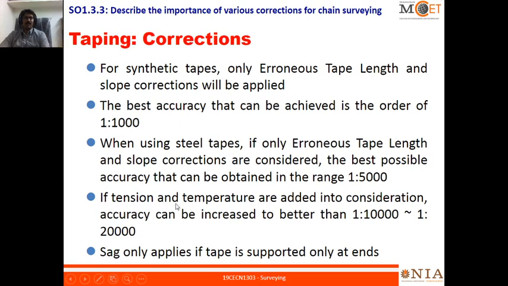If the tension and the temperature are added into consideration, then the accuracy will increase to better than 1:10,000 or even 1:20,000. So as the number of corrections increases, the accuracy increases. The sag correction is possible for both the tape and chain if both ends are held in the air, right?